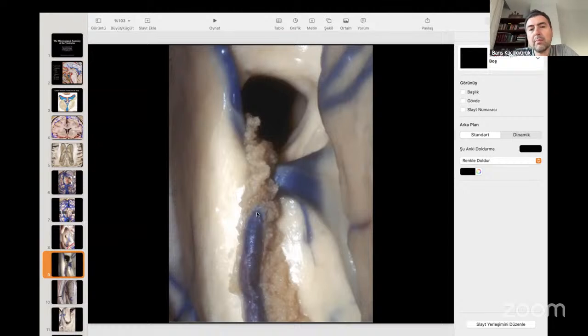The pathology may depress it or push it, but it's also helpful, as a conjoint to the thalamostriate vein, and this small lateral course of the choroidal vein helps us to find in which ventricle, left or right, we are.